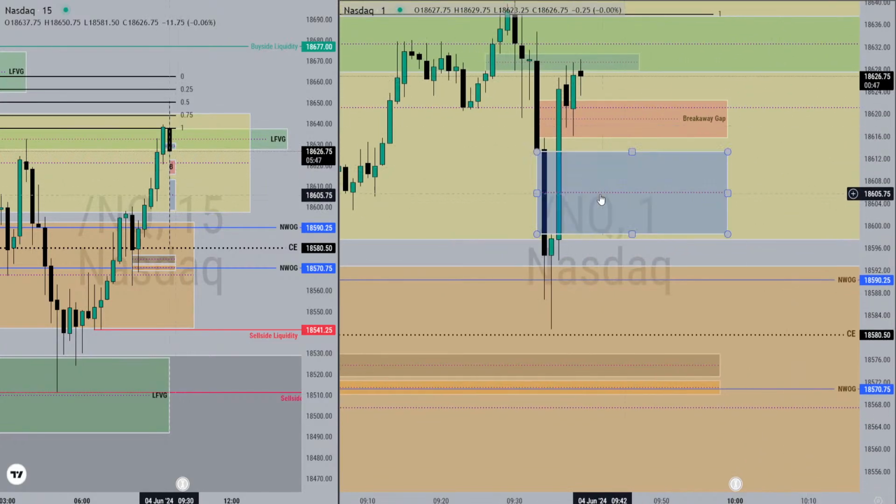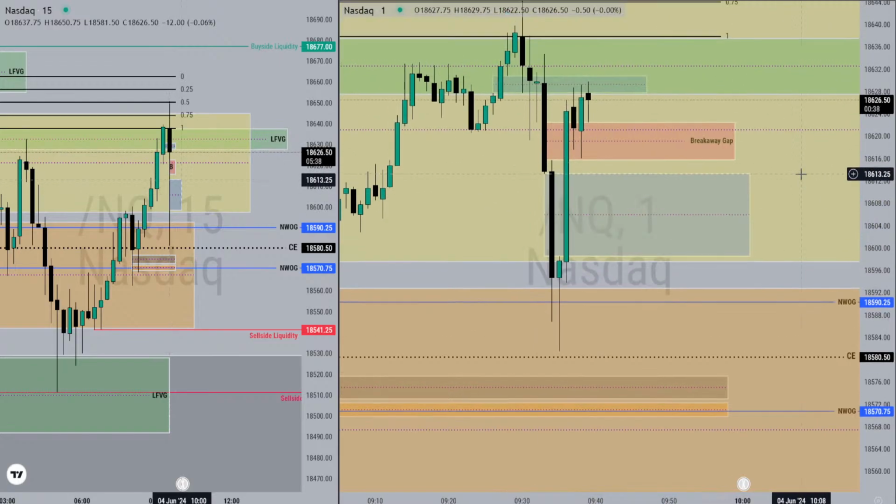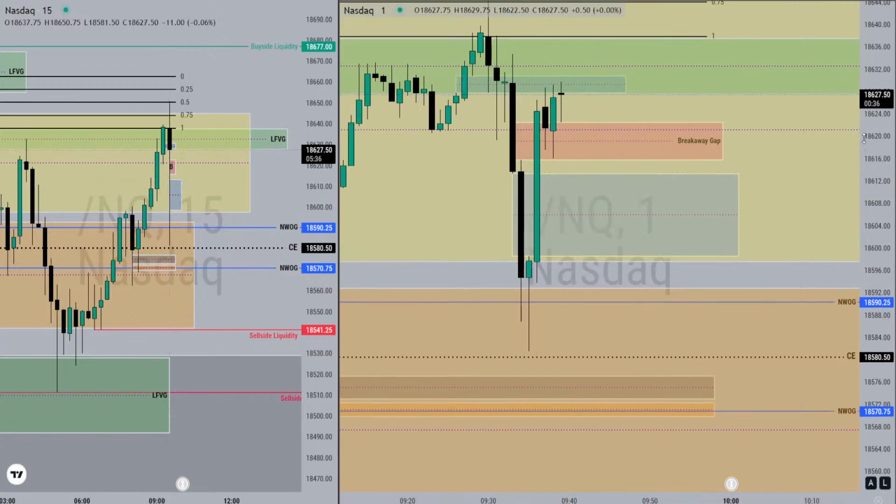And now market should come back at least until this 50% of this BPR fair value gap. I mean, it should close below this 50% of this BPR if really market would love to go lower. Again, if market would love to go higher and keeps going high, I'm just not interested to do anything around that area.